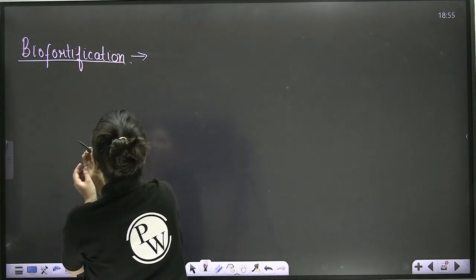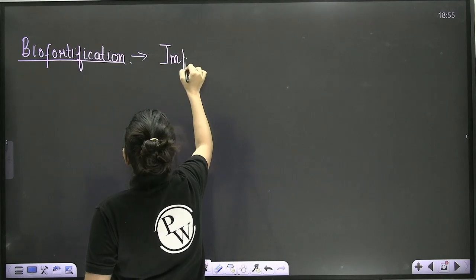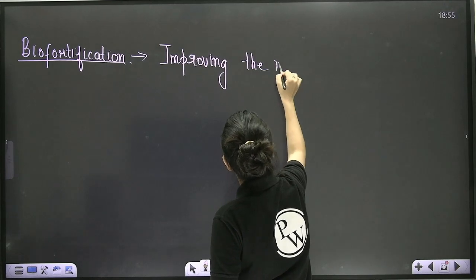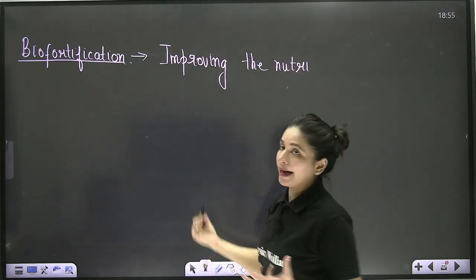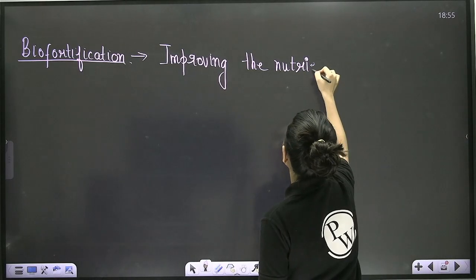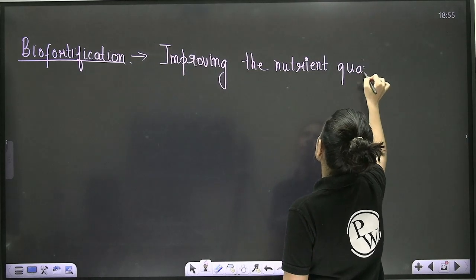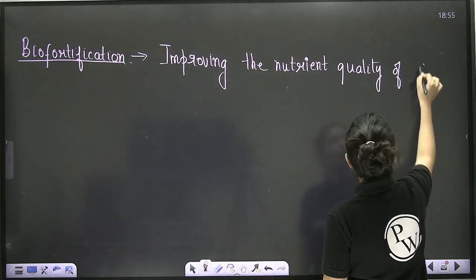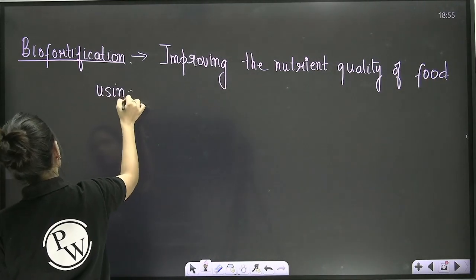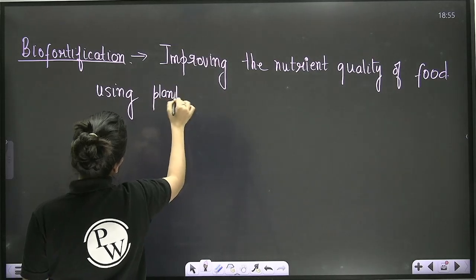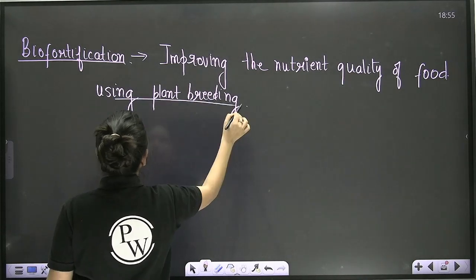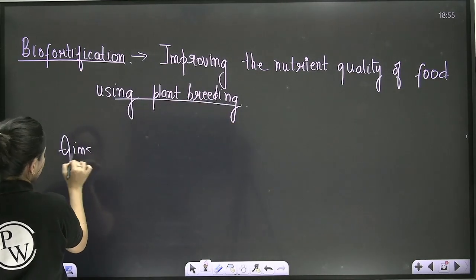Biofortification, beta, simply means improving the nutrient quality of food using the concept of plant breeding.